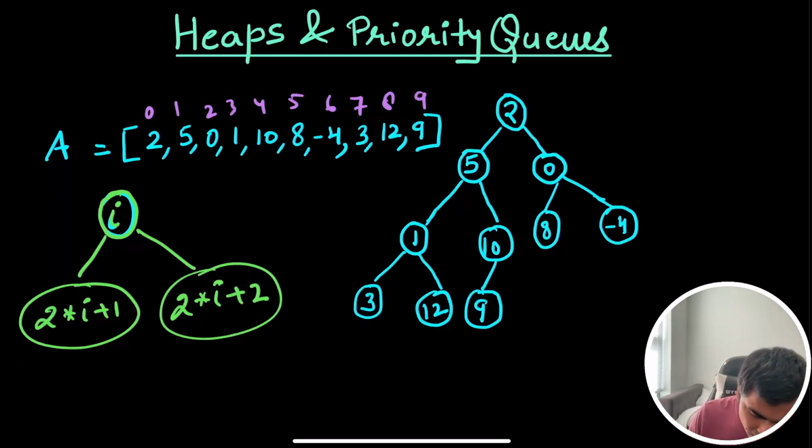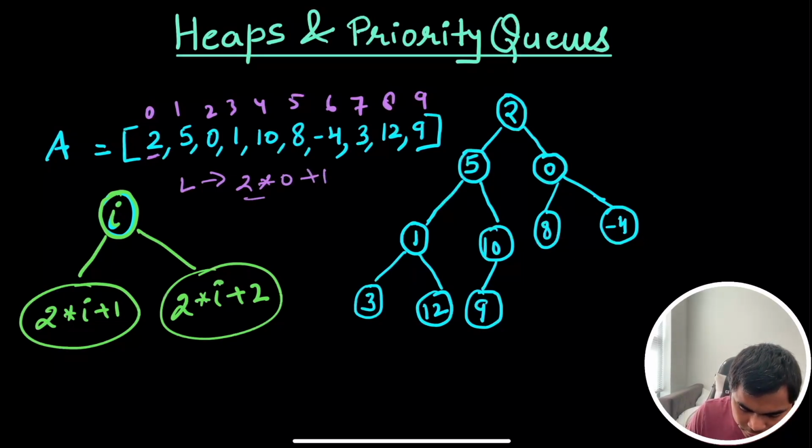Now the root of our binary tree will always be present at the 0th index. So 2 right here, that's the root. Let's take this as 0. Now how do we calculate the left and right child when the root is 0? Let's calculate its left and right child's position or index. We will be doing 2 times 0. So the root is 0, and the left child would be 2 times 0 plus 1.